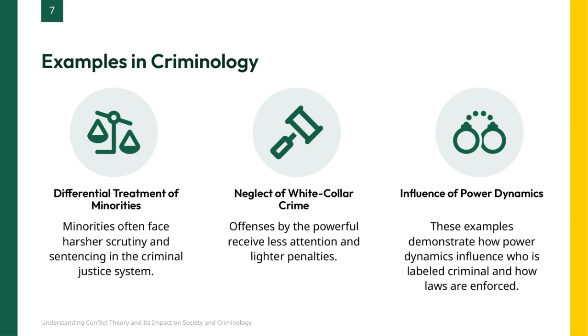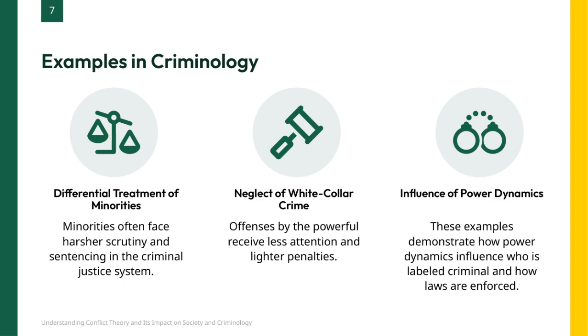When we look at criminology through the lens of power, several important examples come to light. First, consider the differential treatment of minorities. It's well documented that minority groups often face much harsher scrutiny and receive tougher sentences compared to others. This isn't just about individual cases, but a systemic pattern that reflects broader power imbalances. On the other hand, white-collar crimes, typically committed by those in positions of power, tend to be neglected.